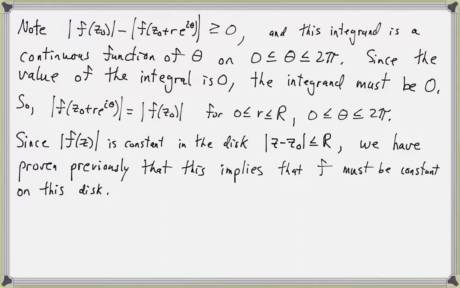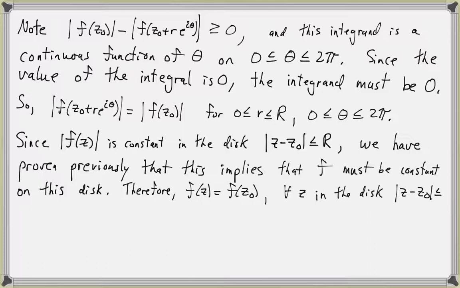So if the absolute value of a function is constant on a domain, then the function itself must be constant on that domain. So therefore, f of z equals f of z0 for all z in the disk, absolute value of z minus z0 less than or equal to capital R. So we showed that if f attains a maximum on a disk, then f is constant on that disk.